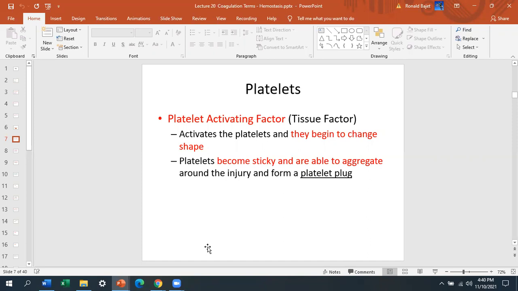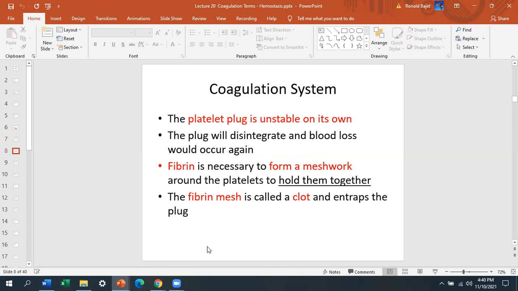So in this injury, the first thing that happens is platelets become mobilized, they arrive at the site of injury, and they form a platelet plug. But it doesn't stop there. The platelet plug alone is unstable. If it's just there, it'll end up disintegrating, and blood loss will continue.